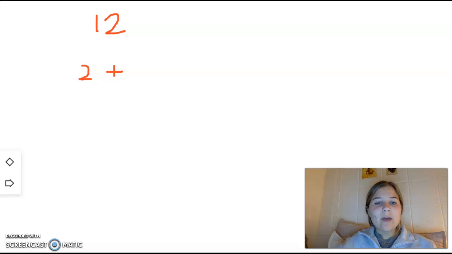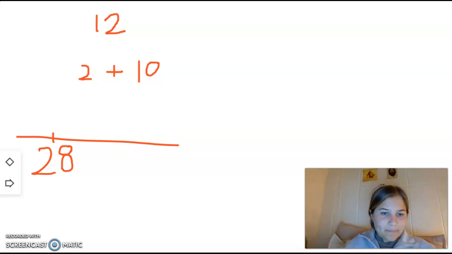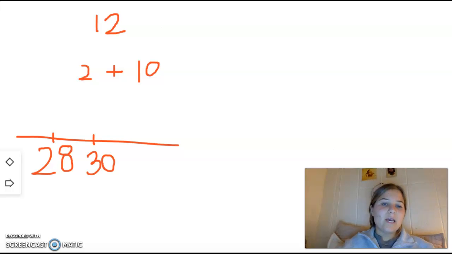Well, when I was looking at that number 28, I was trying to think, what is a close number to that that's either 30 or 35, something that ends with a 0 that's really easy to add and subtract by. And I said, okay, 30 is pretty close here, and 30 is 2 away from 28. So I thought I'm going to break apart 12 into 2 and something else.